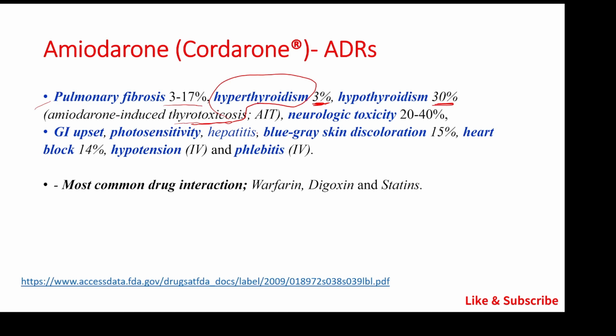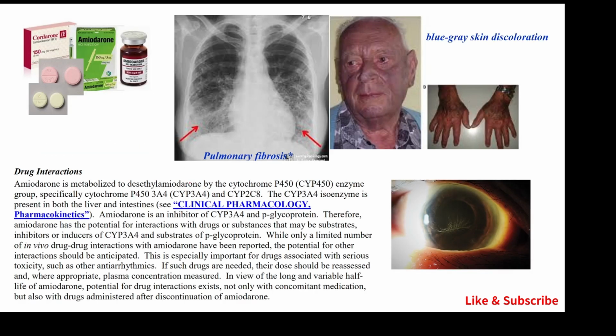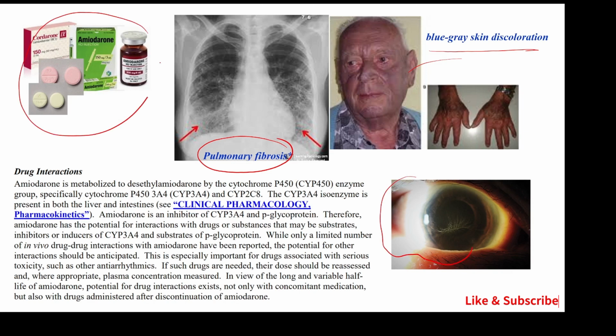Another important one is the blue-gray skin discoloration, and then we have hepatitis, phlebitis, and heart block. We have some images here. You can see the pulmonary fibrosis, the blue-gray skin discoloration, and the corneal arcus, and then the medication's name, available as injection or oral tablets.